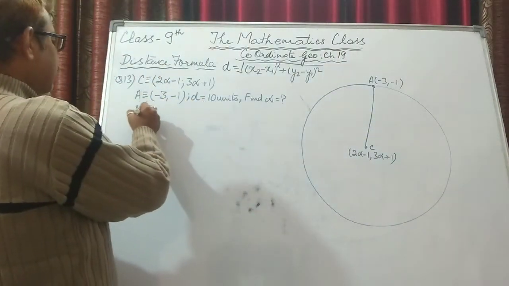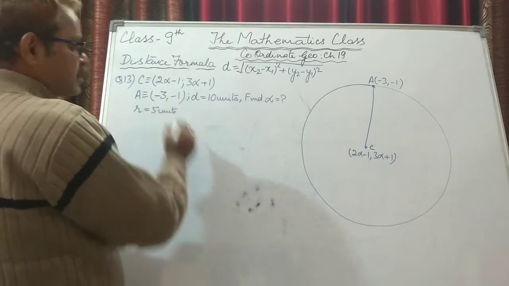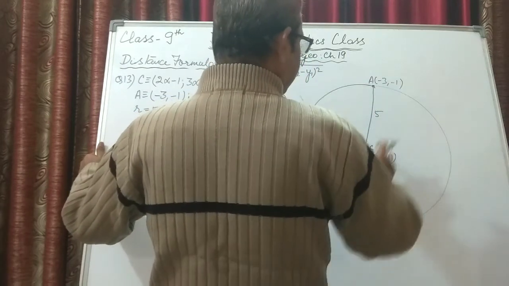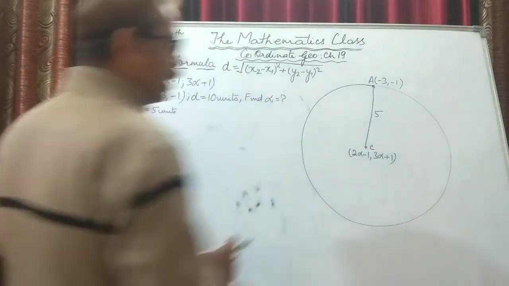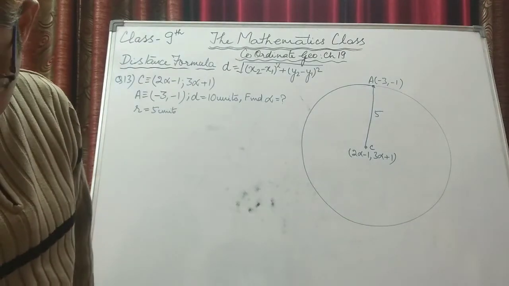It means that radius will be 5 units. If radius is given, it means this distance is given. You know the distance, you know the coordinates, only you have to find out the value of alpha. There is only the calculation part. That is what you have to do.